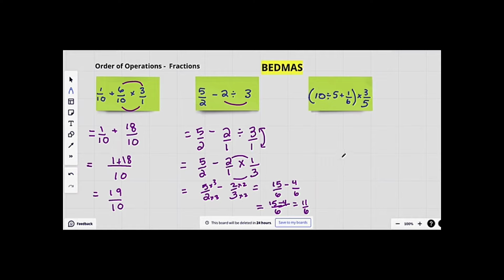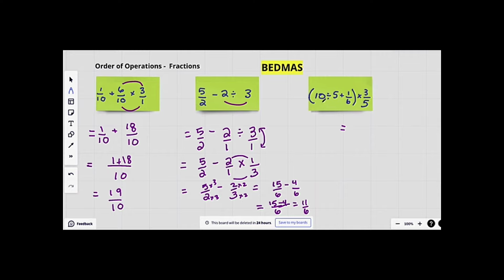So that's that question. Now we've got one that has brackets. In BEDMAS, brackets come first, so we need to take care of this piece first. But within this bracket, we also have to apply BEDMAS.